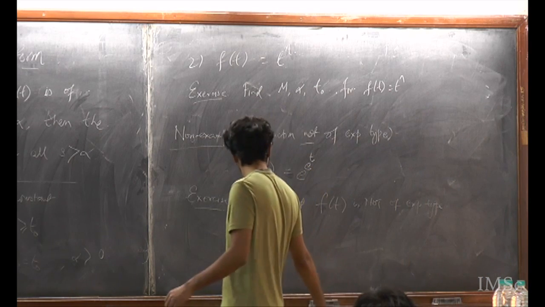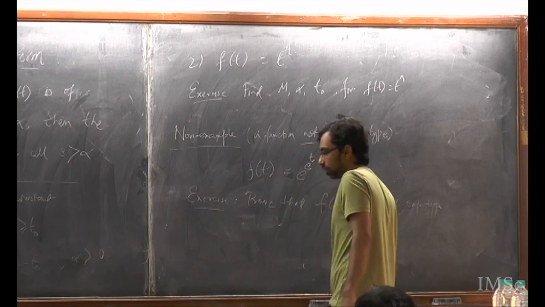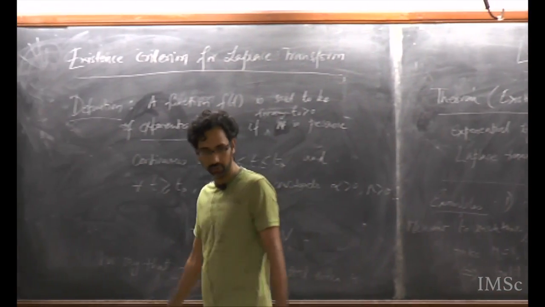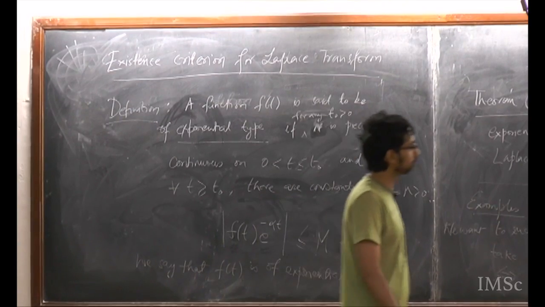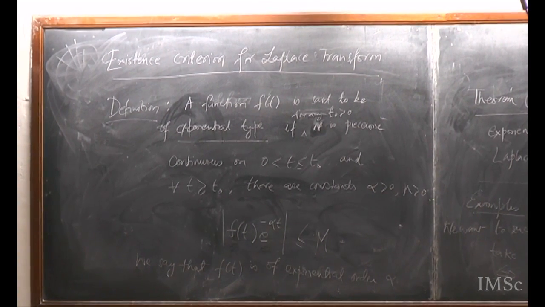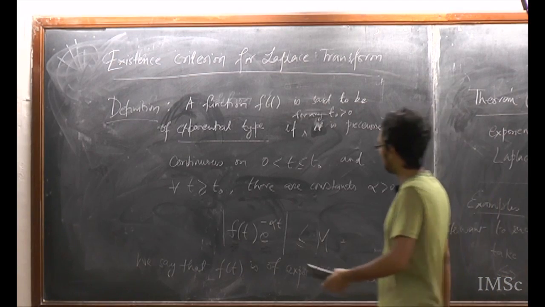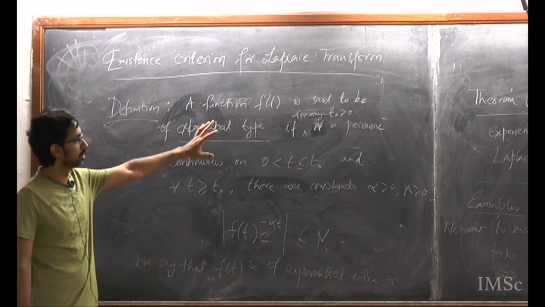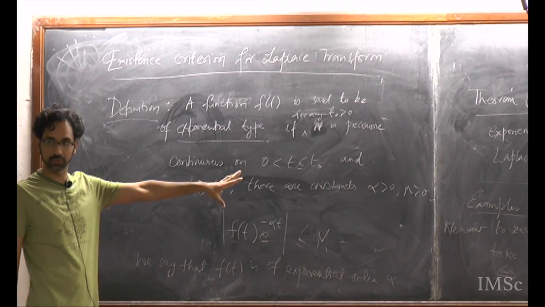Okay, so we want to know what kind of functions are of exponential type, what kind of functions aren't of exponential type. So we have seen some examples. So now we know that if a function satisfies this condition, then the Laplace transform will exist.